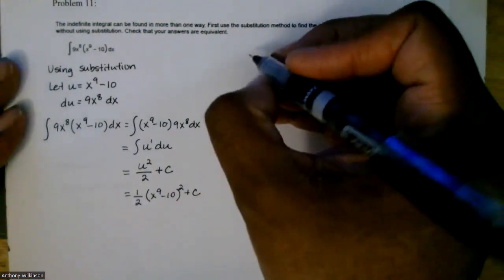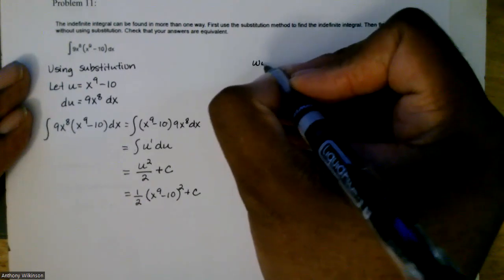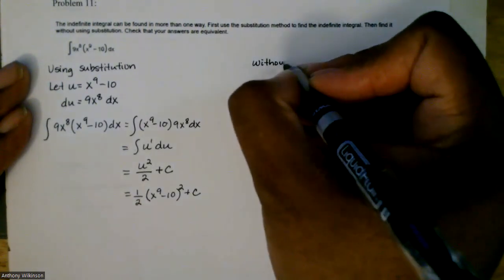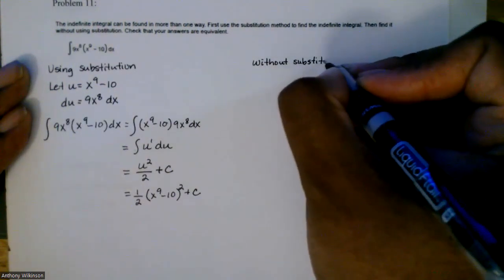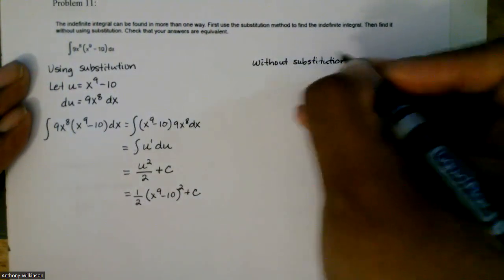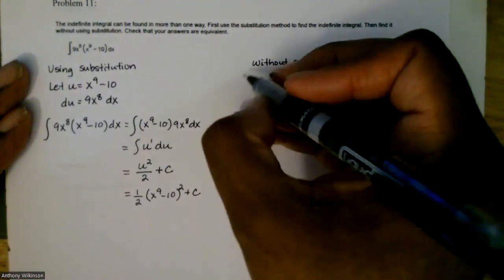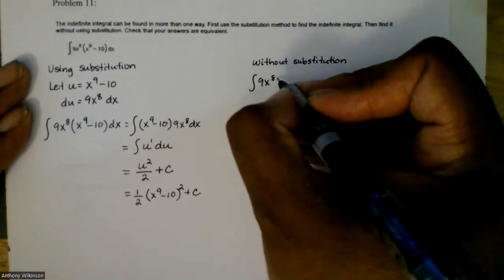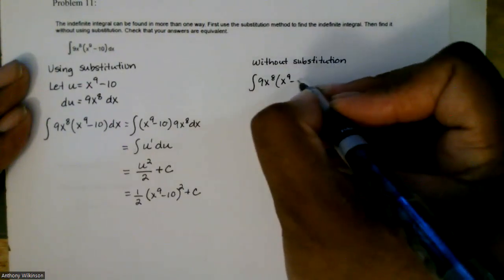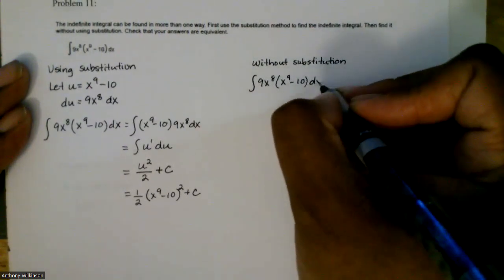Now let's try it without using substitution. So this is without substitution. Now, the integral of 9x to the 8th times x to the 9th minus 10 dx.